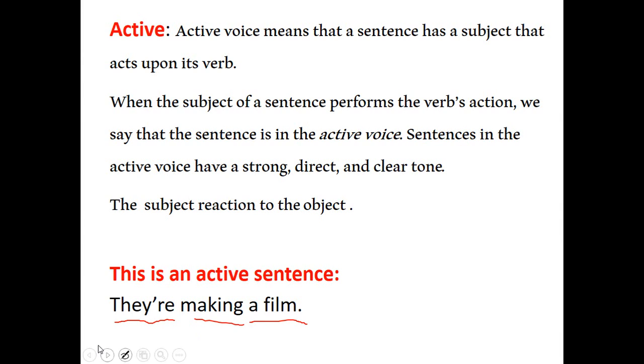How do you know? Because we have subject plus verb to be plus verb ing and object. So they are, we can say making, and this is the object. A film is the what? A film is the object.